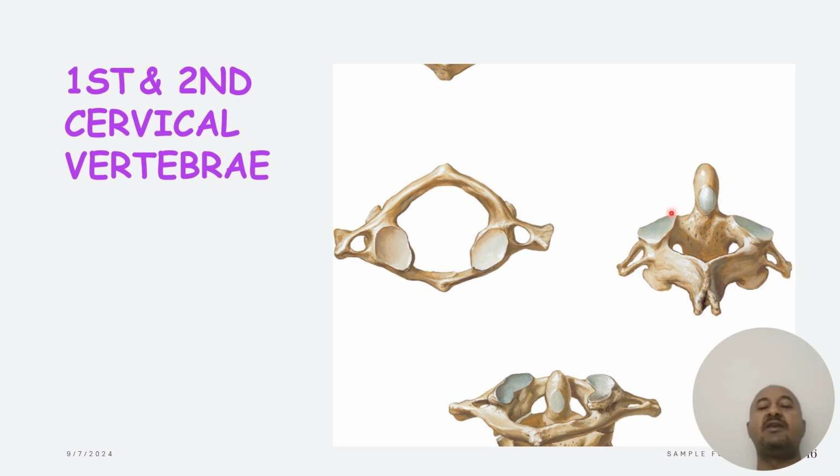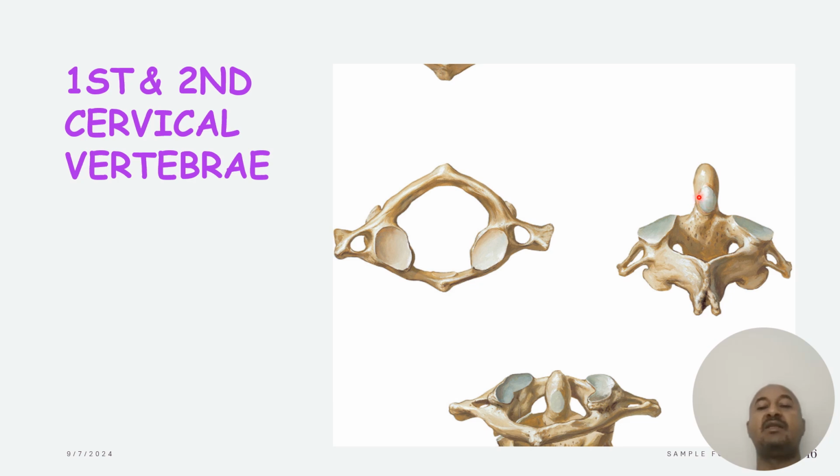Then C2 has a transverse foramen like C1. It has a spine, and this spine is bifid. So this is not the reason why it is atypical. It is atypical because it contains this structure here, an upward projection called the dens or odontoid process.